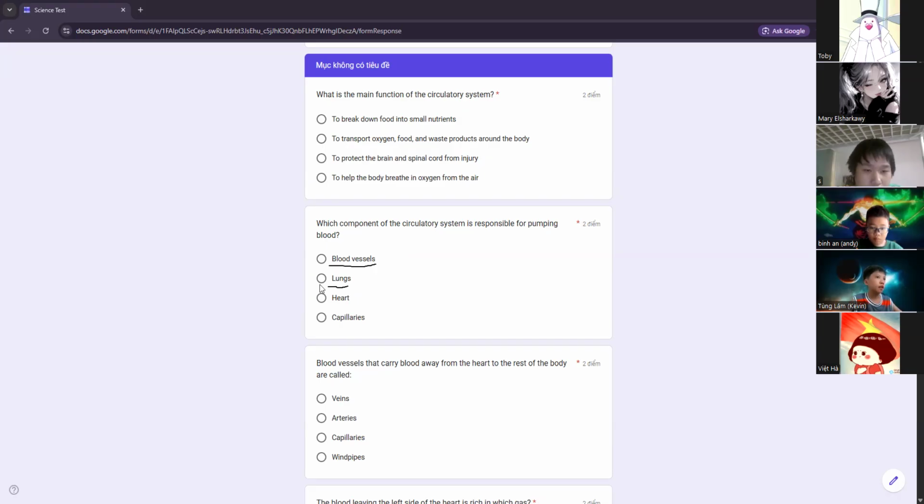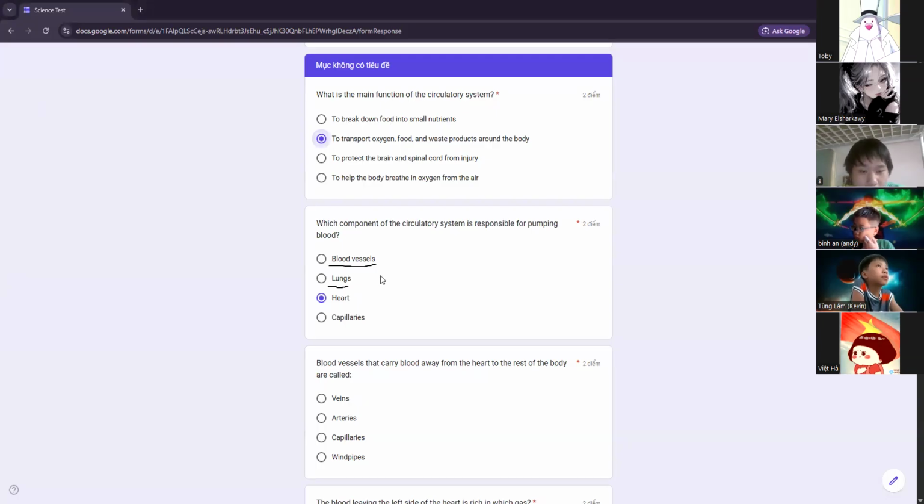The lungs let oxygen enter your body. They are the ones that allow oxygen, and basically air, to enter the body. And the capillaries transport oxygen into blood. So basically, the heart is the component that pumps blood.